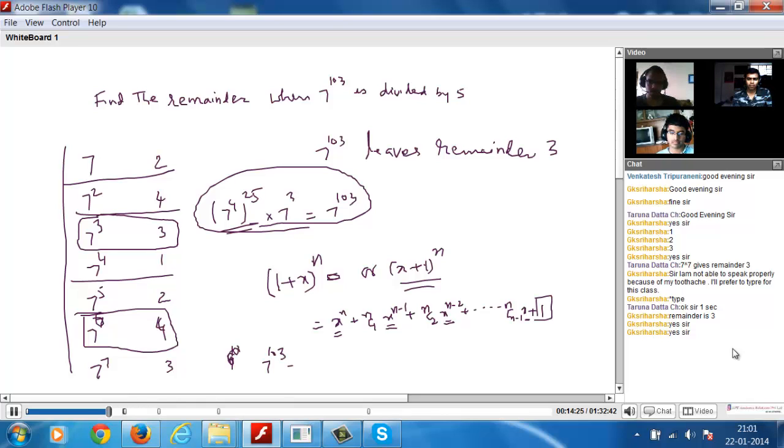We will try to put 7 power 103 into that form so that this x is a multiple of 5. Then we will see what remains at the end.